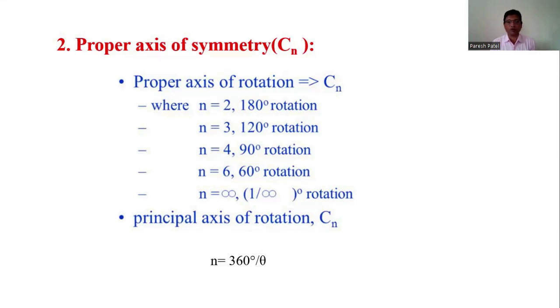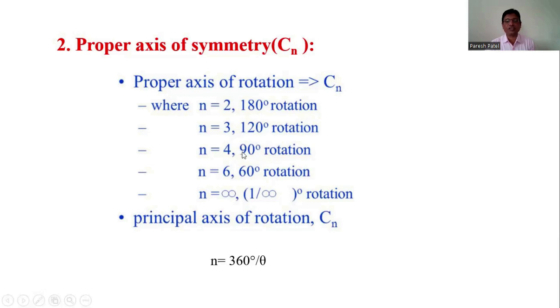If we rotate the molecule around 180, n is equal to 360 by 180, so n is equal to 2. In case of the water molecule, if you rotate the water molecule along the imaginary axis around 180 to get the equivalent orientation position, it means n is equal to 2. In case of the ammonia molecule, if we rotate the ammonia molecule along the imaginary axis around 120 to get the equivalent rotation position, in that case n is equal to 3.